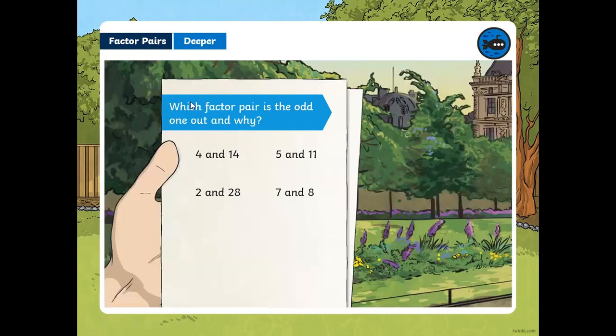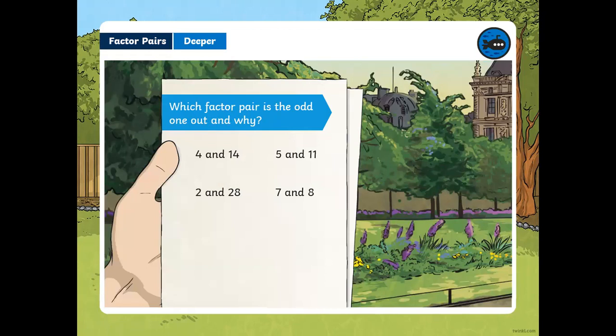All right, next question, a little deeper. Which factor pair is the odd one out and why? So what do they mean by that? Both of these are actually a pair of factors. They are a pair. But which one looks like an odd one to you? 5 and 11.